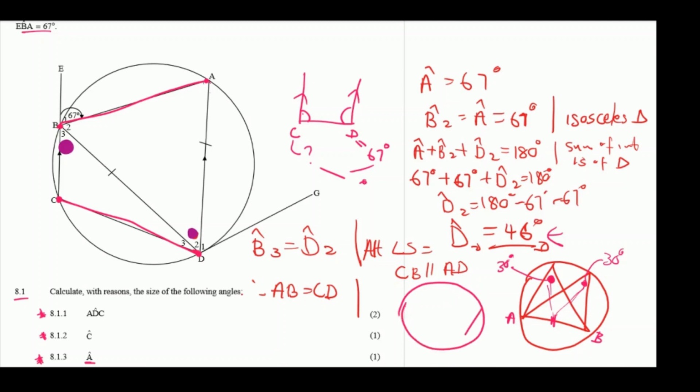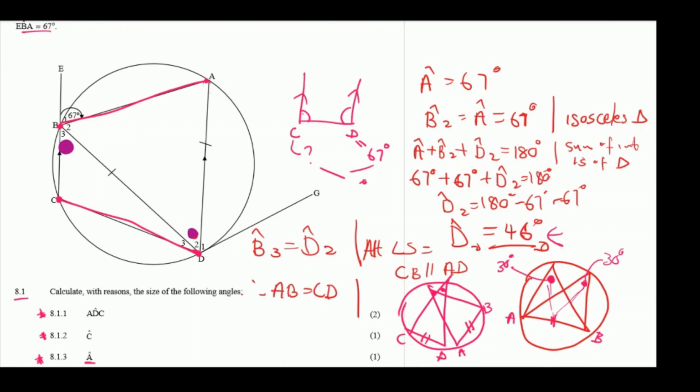Or if you remember this, where let's say for an example I say this chord of AB, and then I have this chord of CD. So chord of AB is equal to chord of CD, right? So meaning if they are equal, then they'll produce equal angles here.